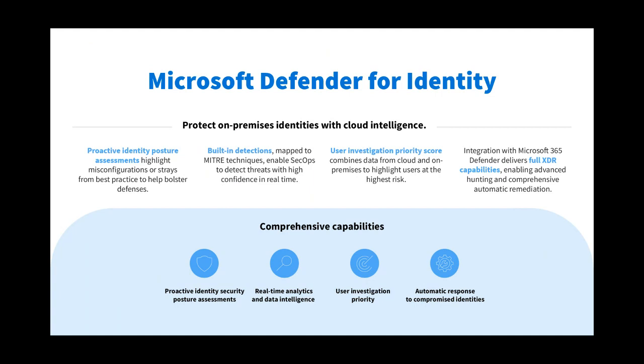Your security teams will see identity threat alerts enriched with context and signal from endpoints, email, Office 365, and cloud apps, providing insight into how the attackers are moving across other vectors like endpoints, apps, networks, data, and more. That way you can have full visibility into the environment when you're doing your investigations. This experience means they can spend less time gathering information and more time investigating, responding, and remediating issues that are found within the environment.